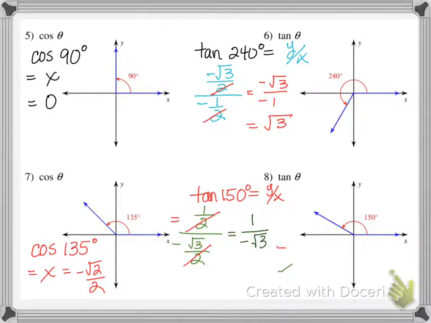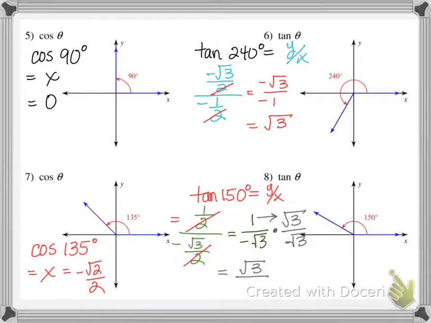Now, if you recall, I've told you guys that I do not want any square roots in the denominator of fractions. So that requires us to have to rationalize. So let's rationalize in this problem. That means I have to multiply top and bottom by square root of 3. So 1 times square root of 3 is just going to be square root of 3.